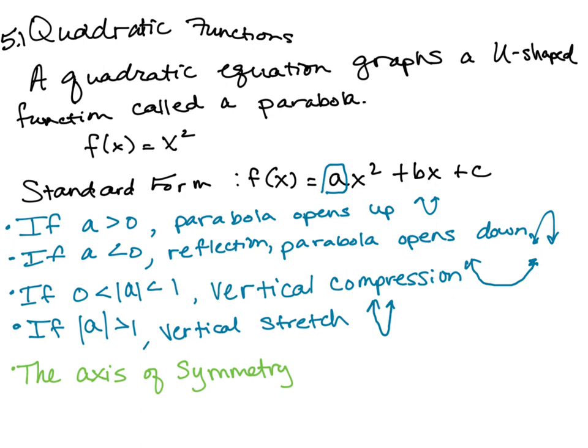The axis of symmetry is located at x equals negative b over 2a, meaning this b and this a from your standard form. That's the crux of everything. If you can find the axis of symmetry, then you can find everything else. It's pretty cool.